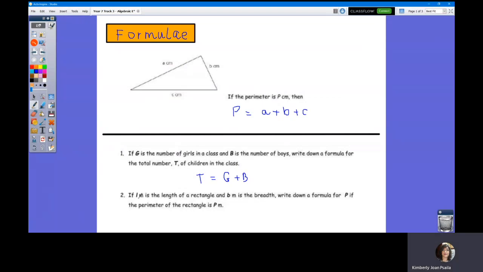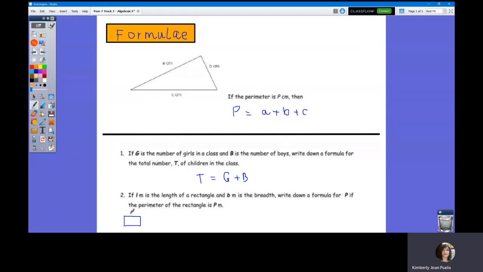Another example: if L meters is the length of a rectangle and B meters is the breadth, write down a formula for P if the perimeter of the rectangle is P meters. So imagine I have a rectangle.